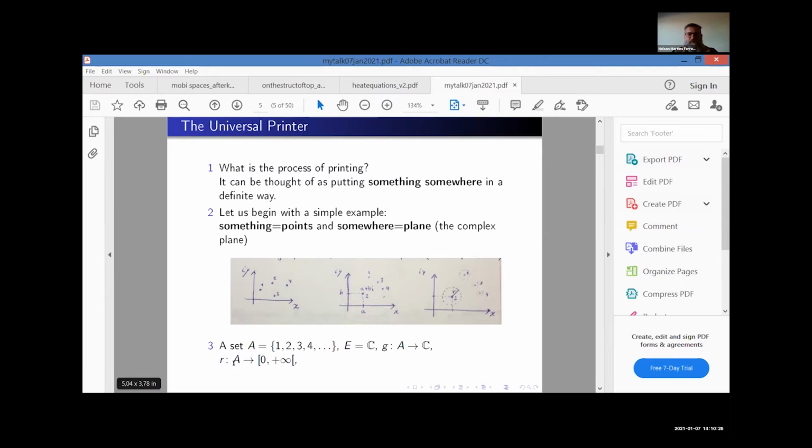We just equip it with a parameter map, let us call it R, which associates to each index modeling a point a radius. And then we interpret it as a point at the center of a circle, and these are the new objects.